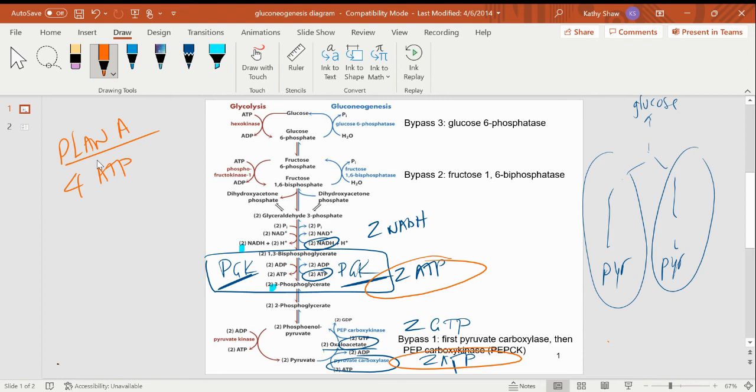If 4 is not offered, I'm going to count these 2 GTP as 2 more ATP. I'm going to count these 2 NADHs as 6 more ATP, not accounting for heat. So plan B is 12 ATP as my cost for making a molecule of glucose by gluconeogenesis.